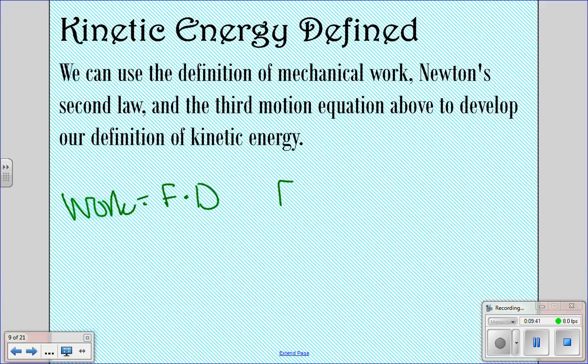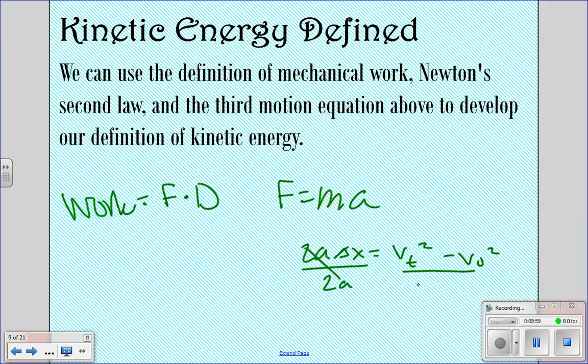Newton's second law, F equals ma. And then the third motion equation, it's 2a delta x equals v sub t squared minus v sub o squared, but solved for delta x. And so that's what it would look like. Okay?